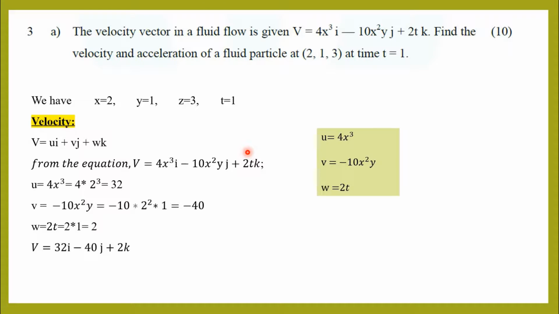To find the velocity, v is equal to the root of u square plus v square plus w square, where u is 32, v is minus 40 and w is 2. Square them, add them and find the square root, which gives the velocity, that is 51.26.